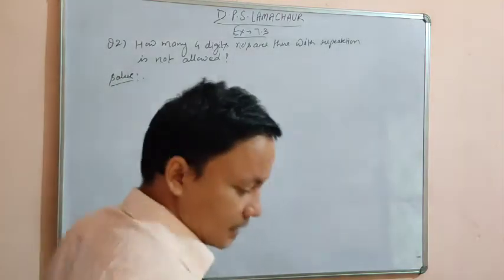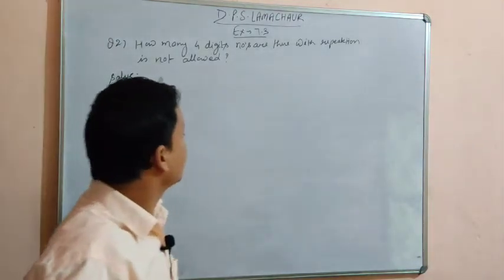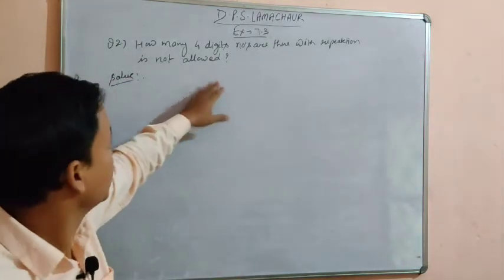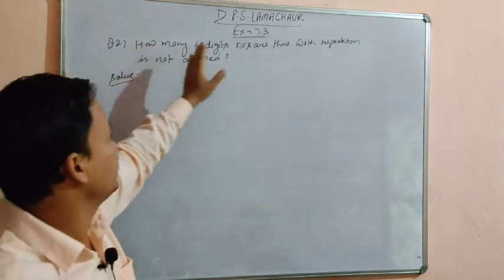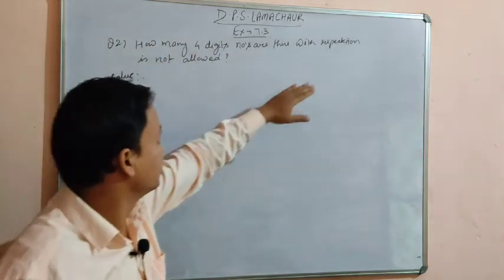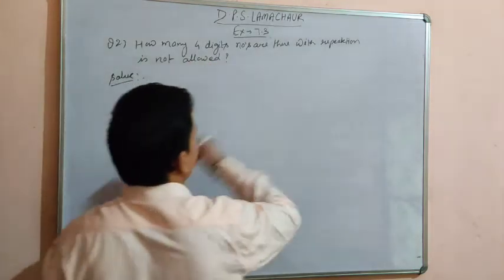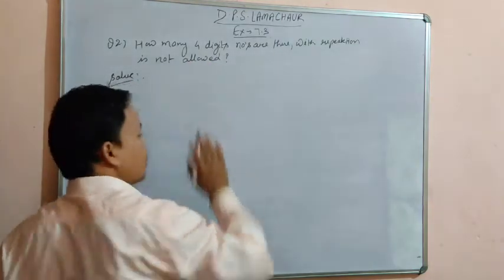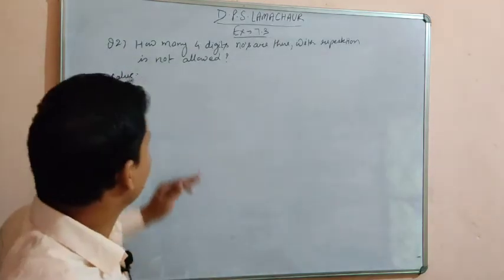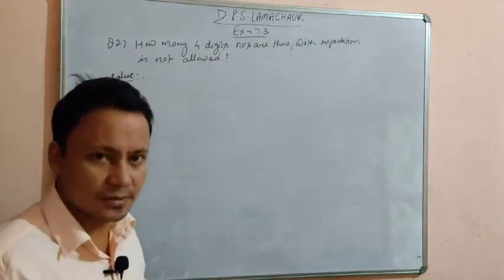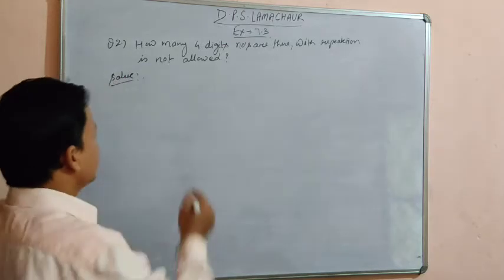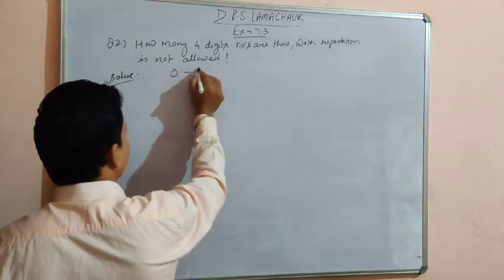Dear students, the total number of given numbers is not shown here. The question is how many 4-digit numbers are there with repetition not allowed. Repetition is not allowed and we have to make a 4-digit number. So what are the options? In this question we will take the options from 0 to 9.